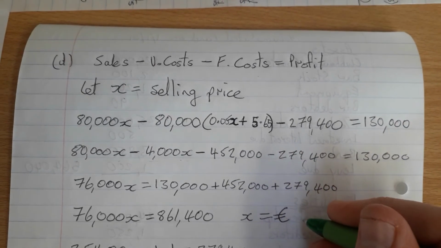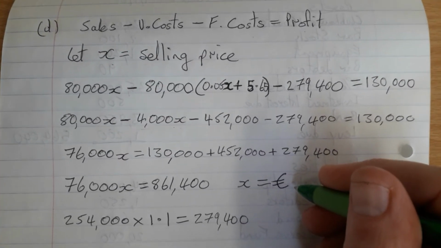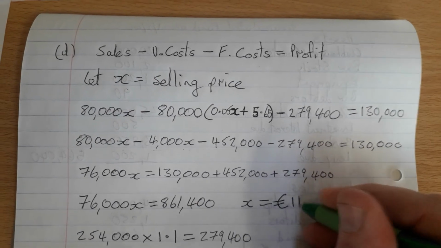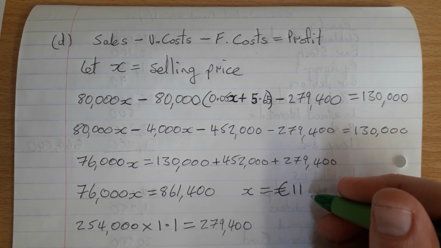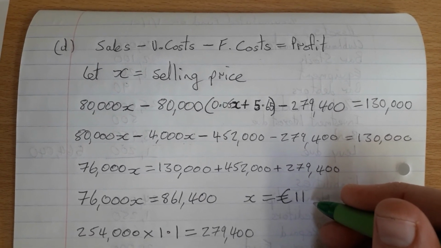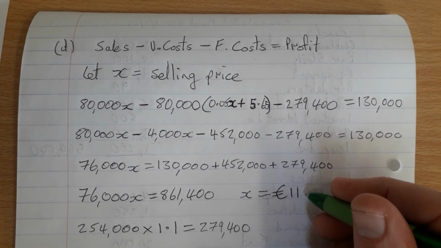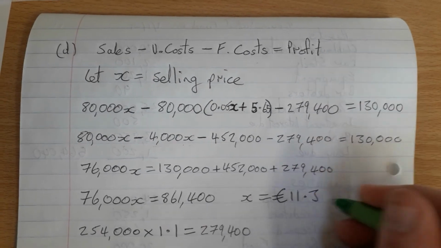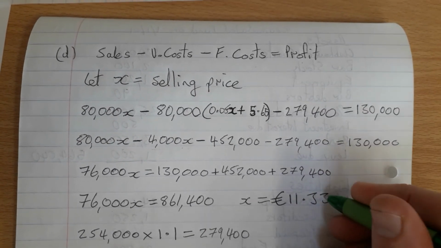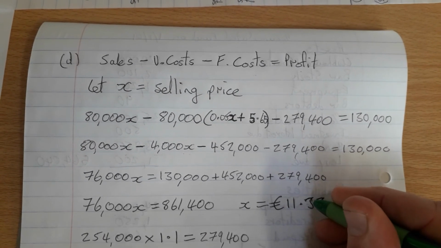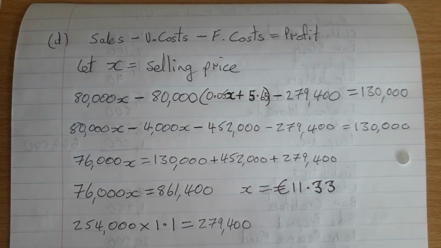So it's going to be in euros or pounds, whatever it happens to be. In this case, we'll always round this off to 2 decimal places and mathematically. So we're not doing like we did earlier where we rounded up regardless of what decimal places there were. So we're going to do it mathematically. So 0.334 rounds to just 0.33. So 11.33 is the selling price.